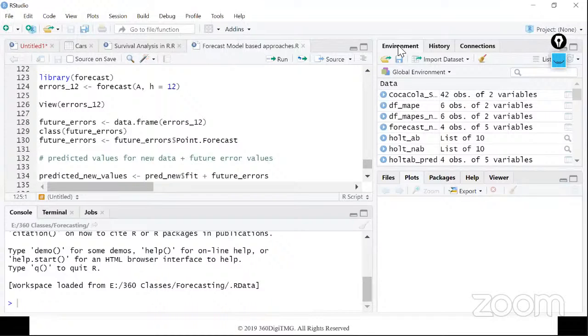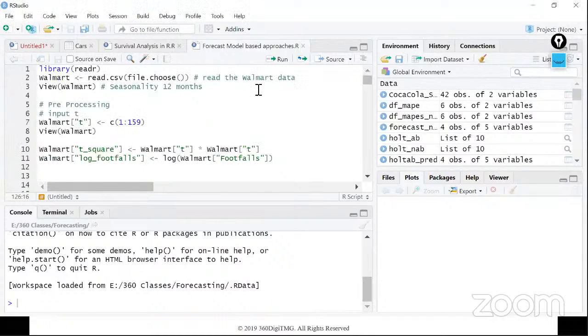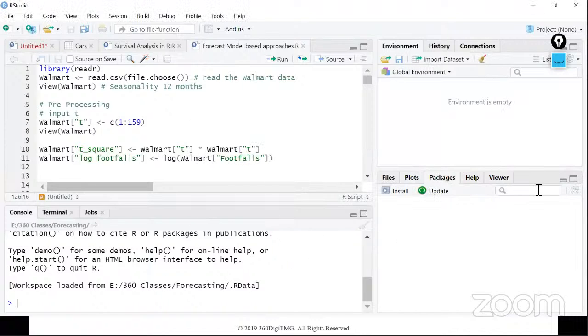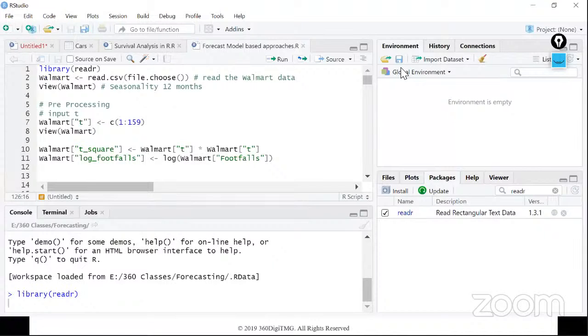So I have the code here, very nice code here. And let us load the file. Oh, why is all this open? Let me just erase all this. Yeah. So we load this package and read the file.